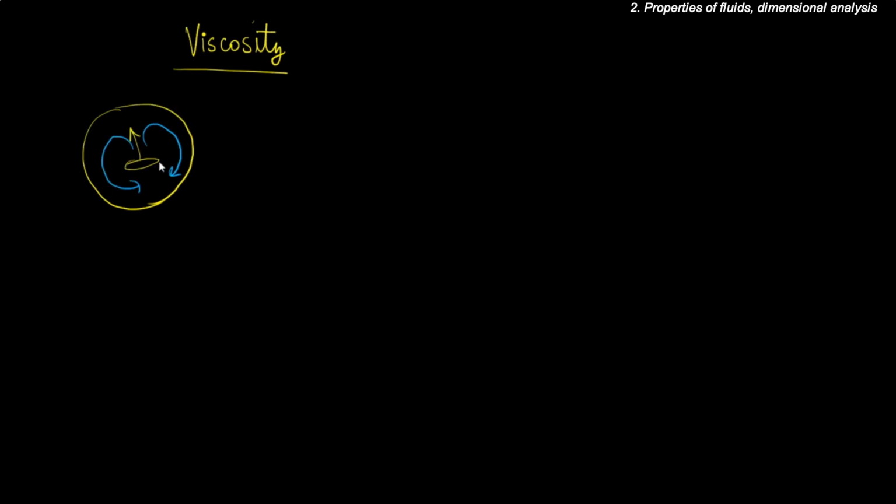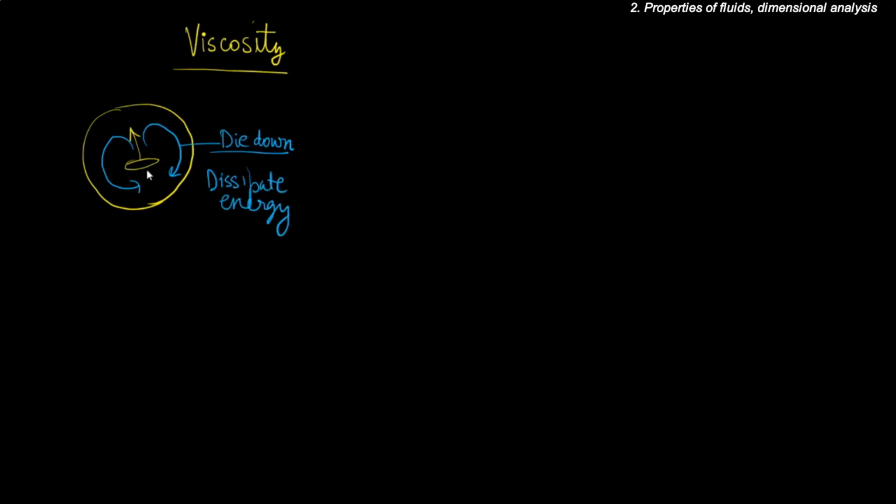What about viscosity? Viscosity is an important property of a fluid, and it accounts for the dissipation of energy in fluids. So consider a spoon which is dragged through a cup of water.